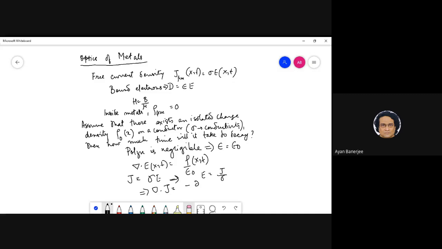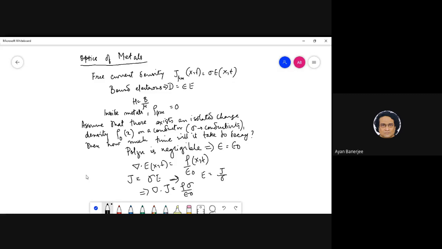So I basically write this as del dot J is rho sigma by epsilon naught.